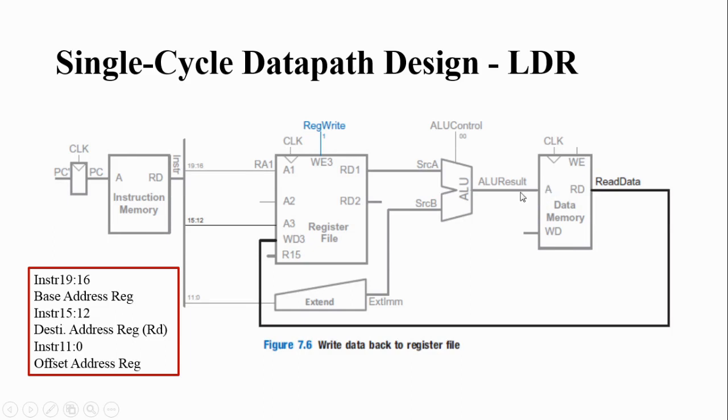Whatever address you are giving here, the content of that data memory location will be given out through this RD. Load means you are going to read the content of data memory to a register. So for generating the address location for which data has to be read from data memory, you are doing all these things for generating the address, and that resultant address you are giving to a port of data memory.